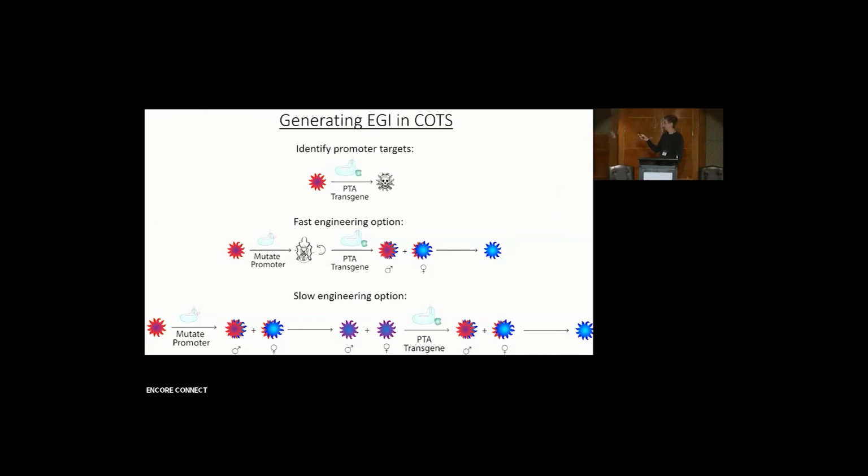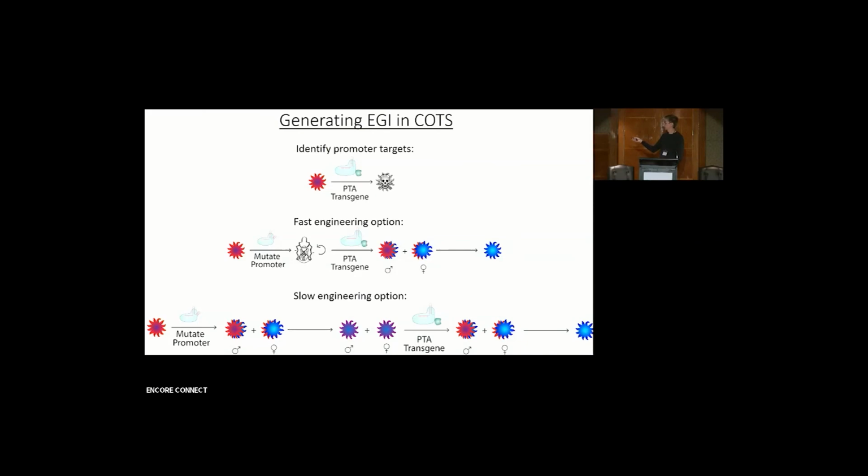Ideally, you'd be able to select for larvae that have the mutation and then use cloning to expand those larvae and then engineer them to express this activator. That results in chimeras, which you then have to cross to get this synthetic species, where you would just release the males.